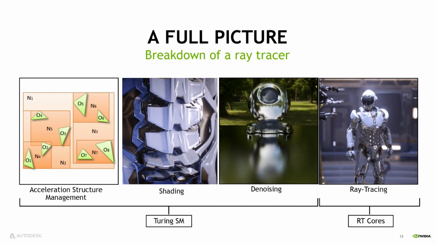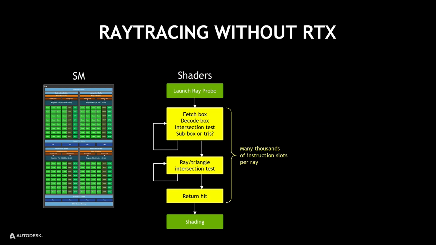So if we reflect back on that picture, the three buckets on the left that we had to work on algorithmically for the last 10 years, those are what the Turing SM is designed for. It's an excellent workhorse for normal graphics workloads, but it's also been expanded to ray tracing. And then the ray tracing cores do the traversal and intersection kind of heavy lifting.